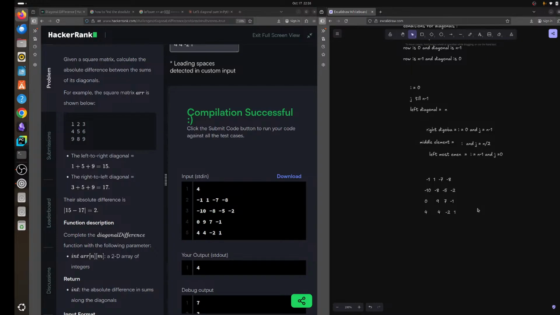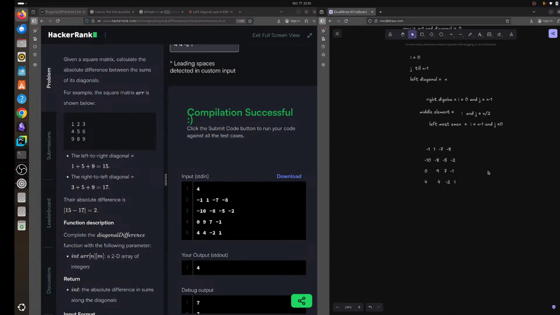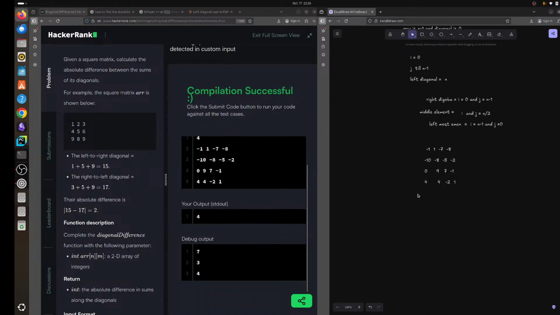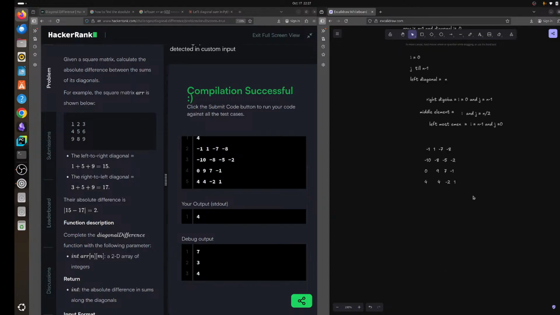Now, how the absolute difference will be: one, minus one, seven, six plus one, seven.